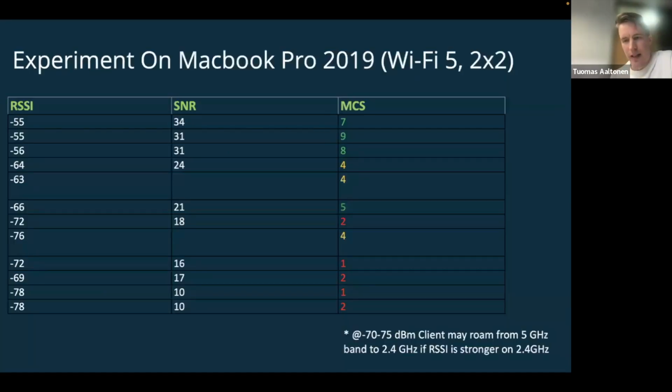I did this experimental test on my MacBook a while ago, and the MacBook I was using in the test is a Wi-Fi 5 client from 2019. It's 2x2. Just to give you an idea how RSSI and SNR values impact our MCS.